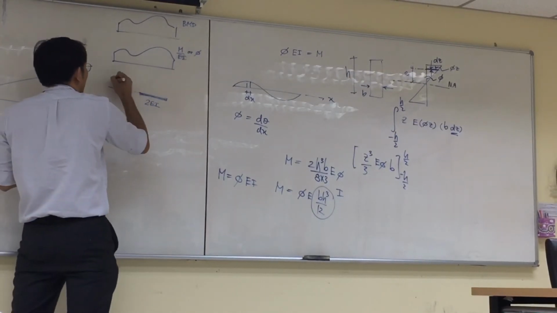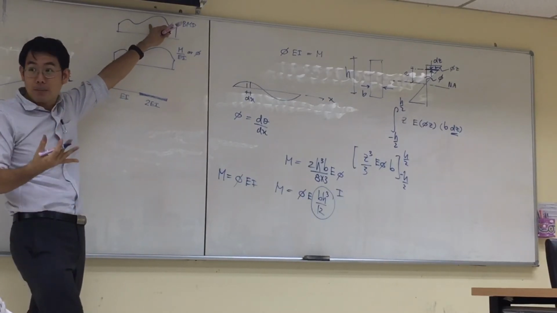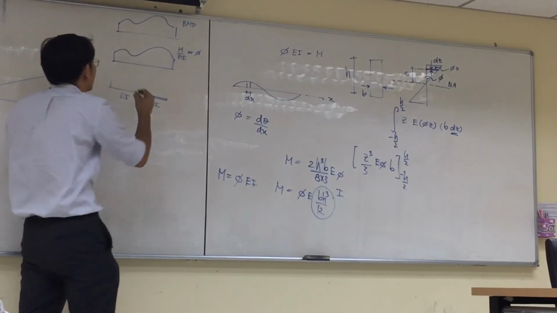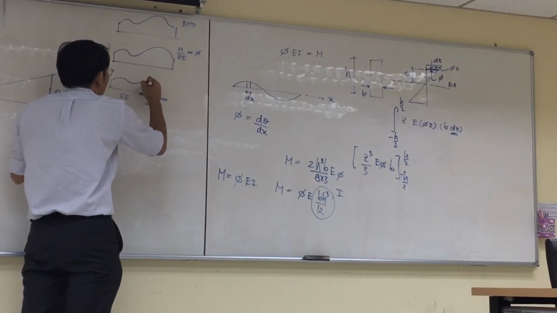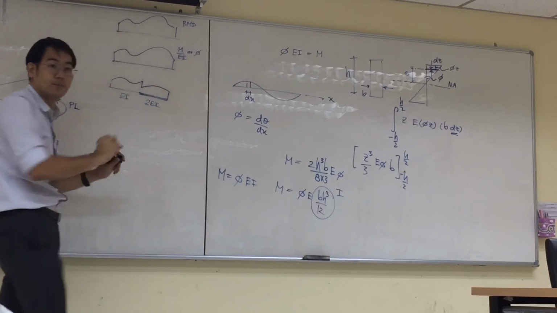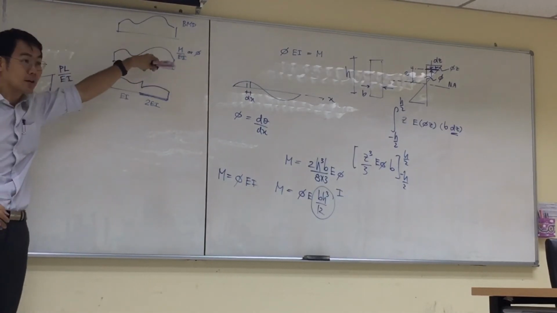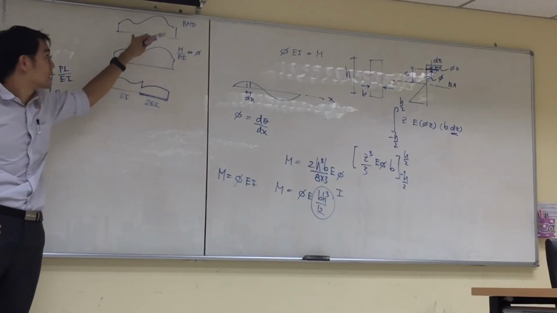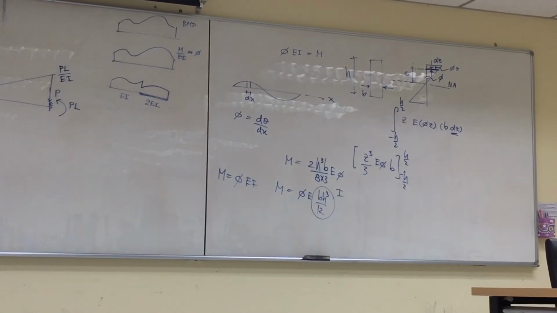Then for the M over EI diagram, you have the same BMD, but a different M over EI diagram, you're going to have this thing. So your M over EI diagram will not be just like the original BMD, because your EI is changing.